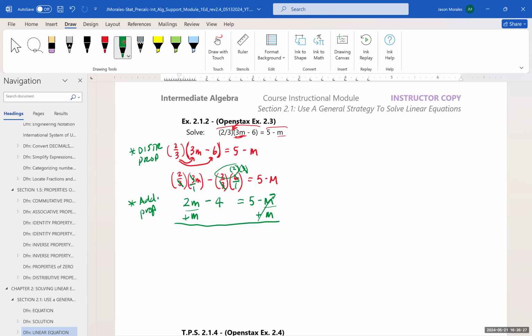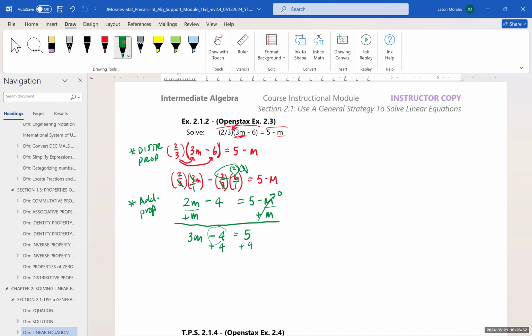So this will go to 0, and 2m plus m is 3m. So what we've done is, instead of having m on both sides of the equality, now it's only on one side. So that's progress.